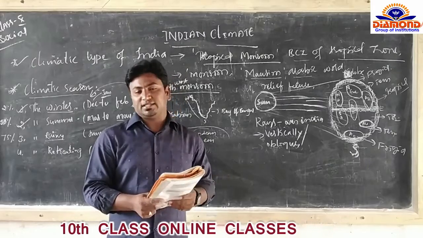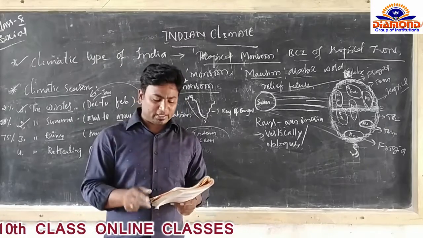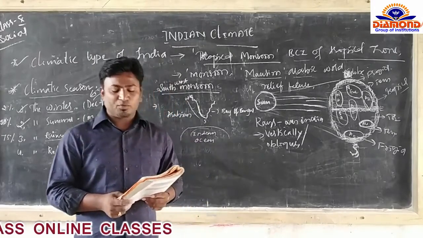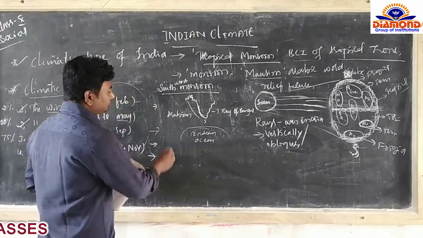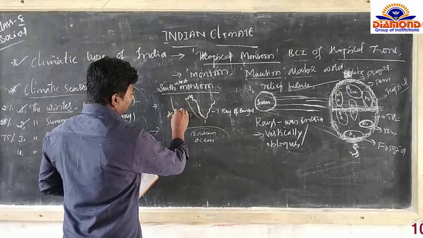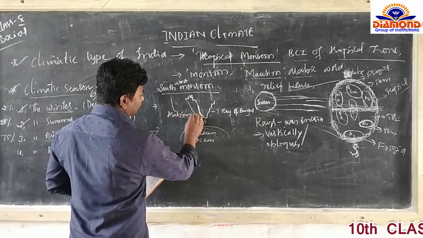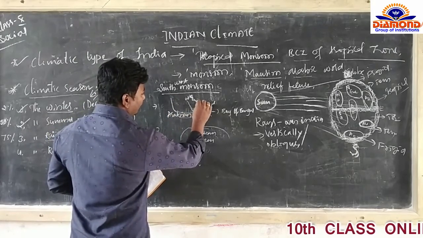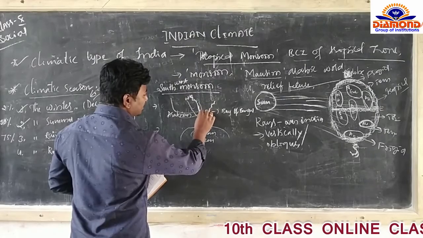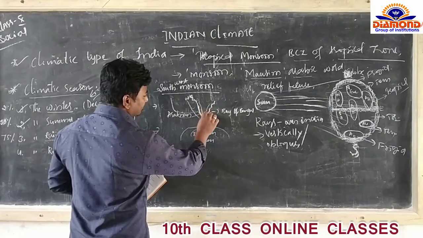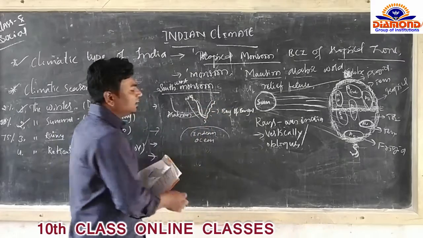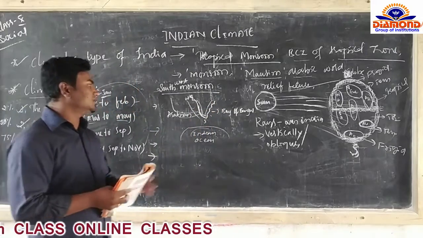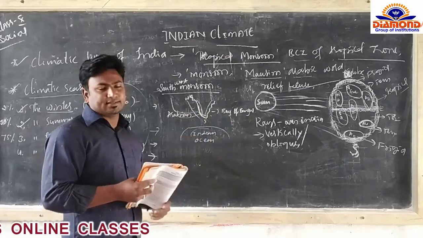There are two branches. We see the southwest monsoon which comes from the Arabian Sea branch, because of the Western Ghats. We have ghats on both sides, that is western and eastern.